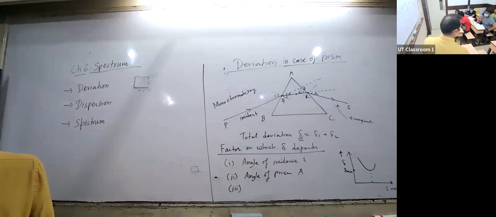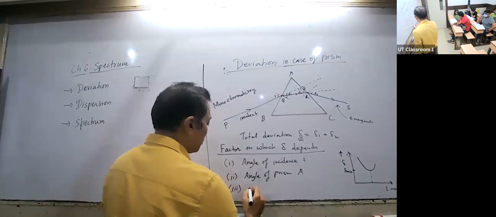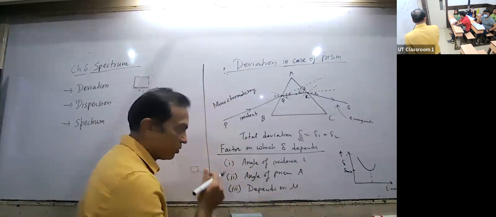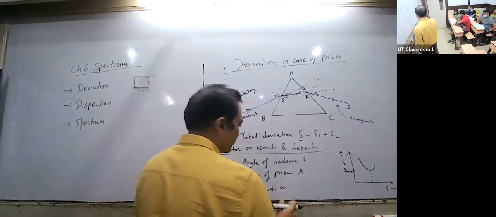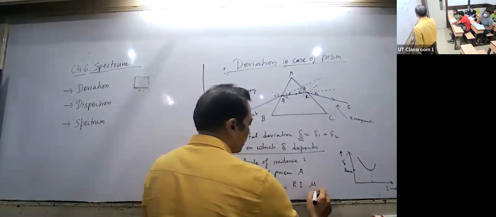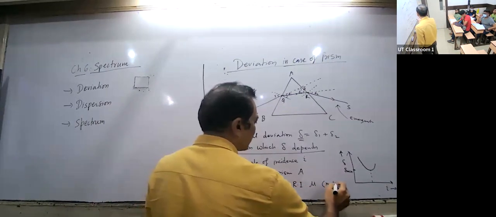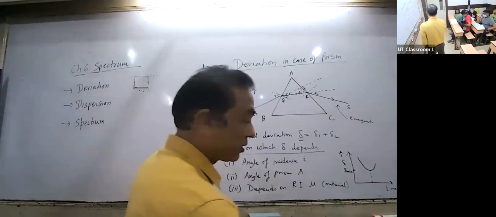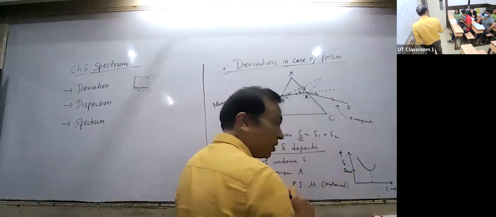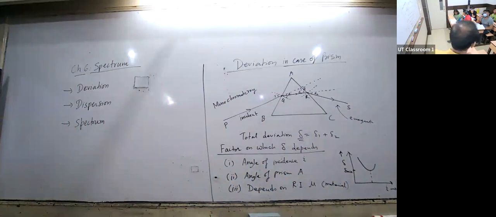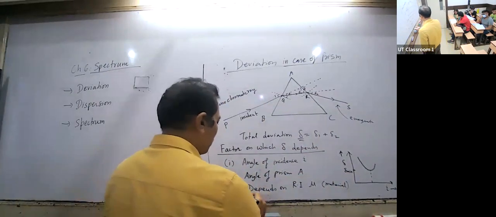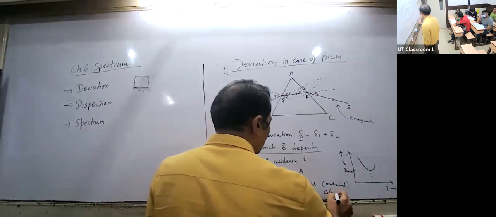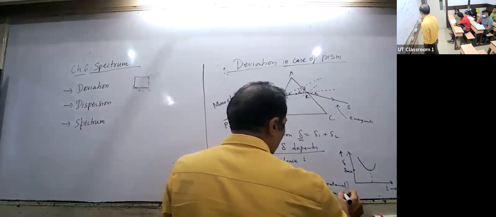That means it depends on refractive index, mu, which depends on material, and also on color. Color is governed by the wavelength of the light. So we will not write it as a separate point. I will write it as material or color or wavelength.